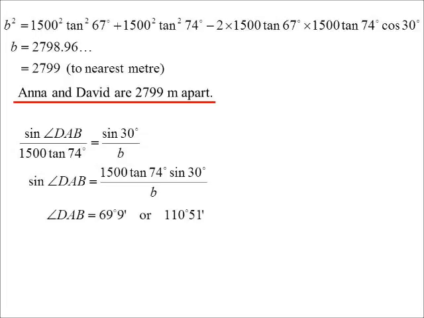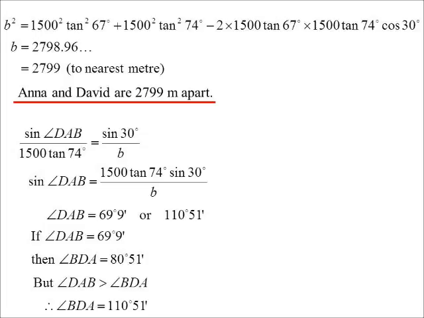So sine DAB, again, bit of calculator work. Now I've got 2 possibilities, remember, because we're playing with the sine rule. Is it possible this could be an obtuse angle? It's either going to be 69 degrees 9 or 110 degrees 51. Now, if angle DAB is 69.9, if I say the acute angle, which most people probably assumed it was, because the calculator came up with the acute angle and went, oh, there's my answer. But that would mean BDA would end up being 80 degrees 51.